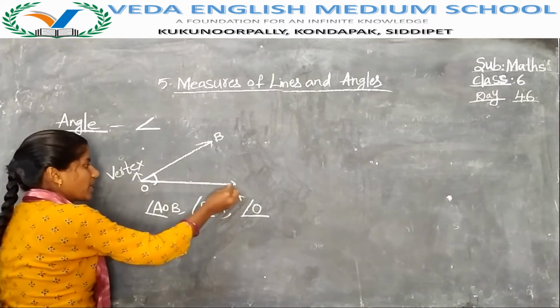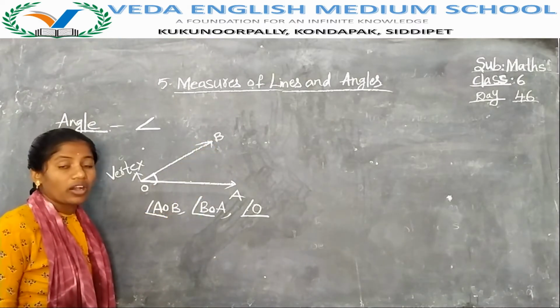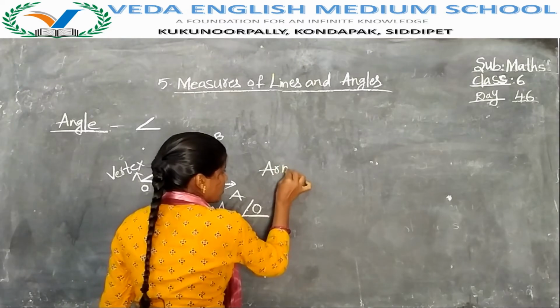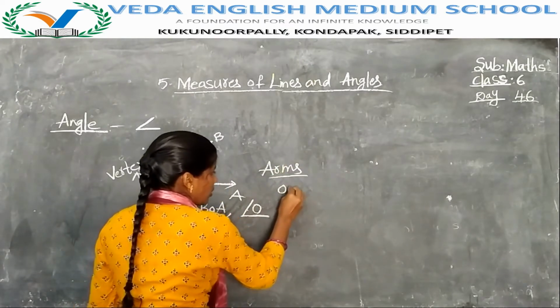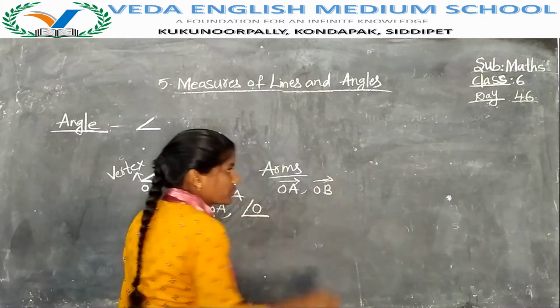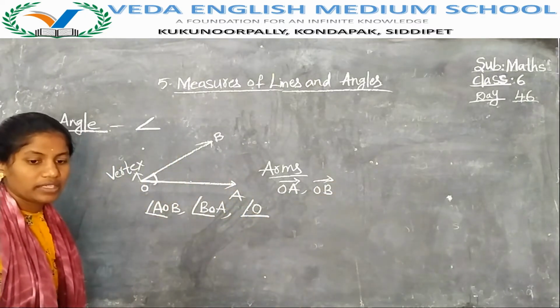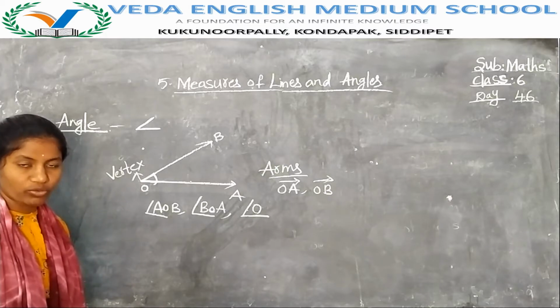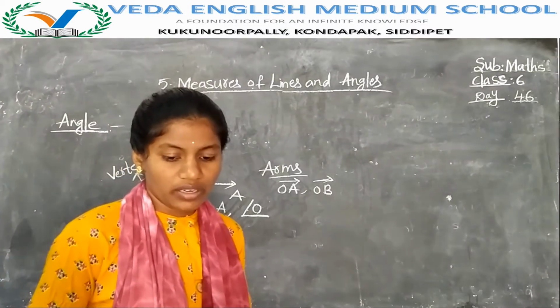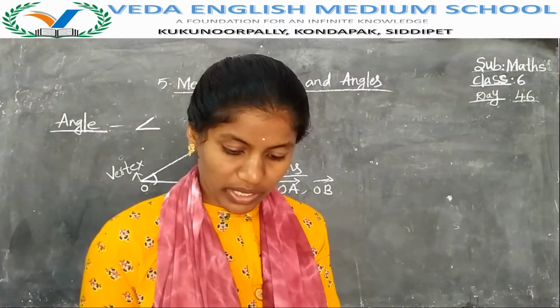Now OA and OB, ray OA and ray OB, are called the arms of an angle. It is about angle. Have you understood what I mean by angle?